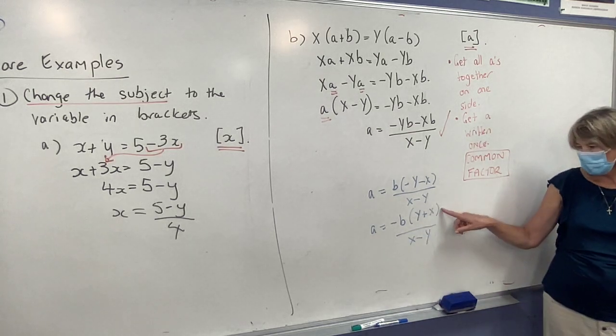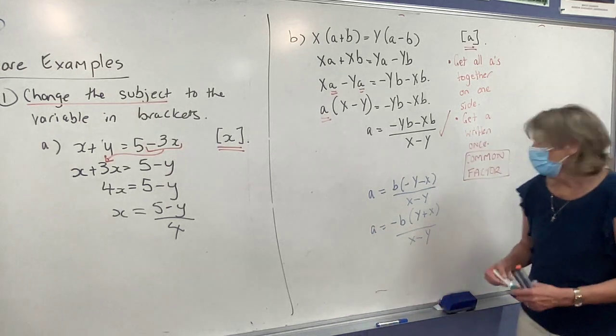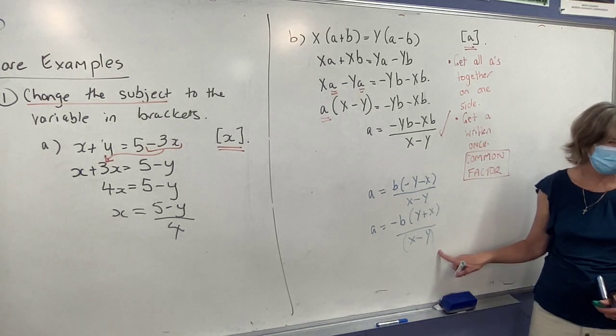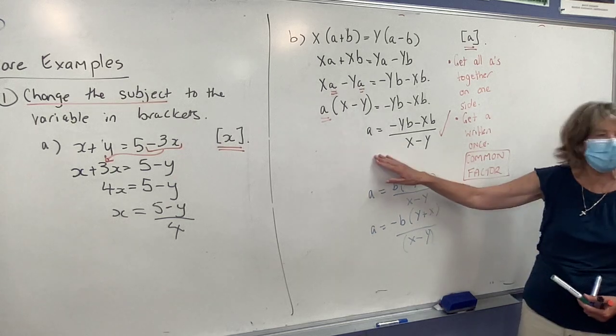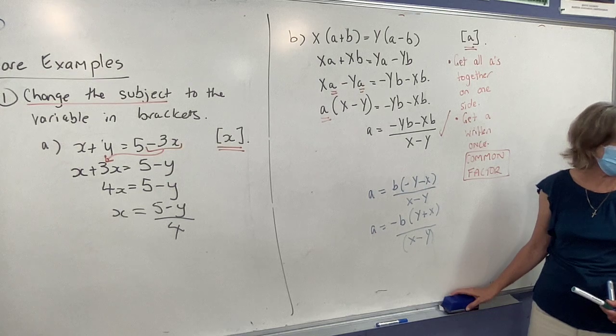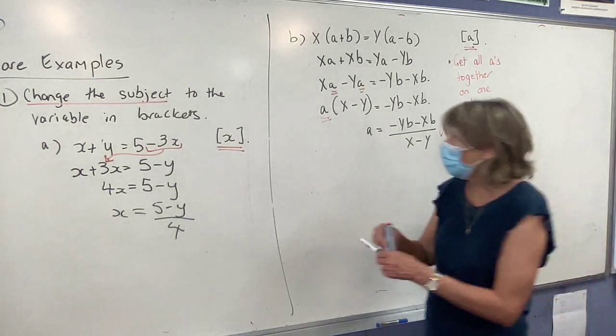Occasionally though, those would have been identical. I would have then put the brackets around. If they were identical, I would have then cancelled to simplify it. But they've only asked you to make A the subject, so we can stop there anyway, even without thinking any further. Any questions?